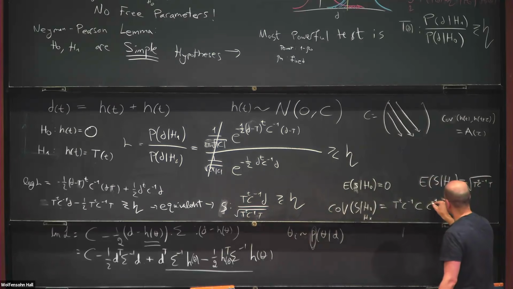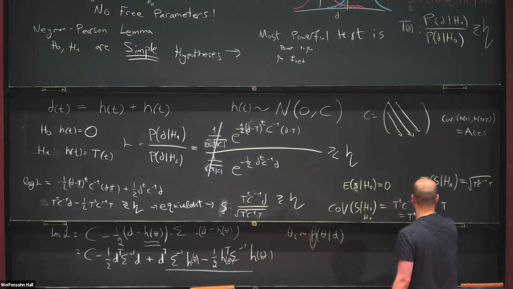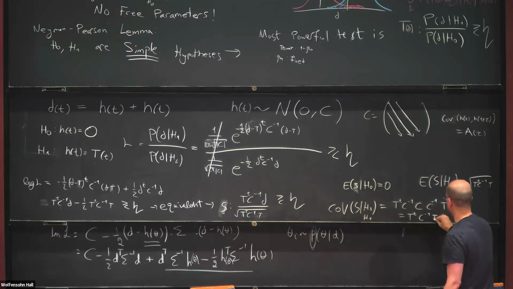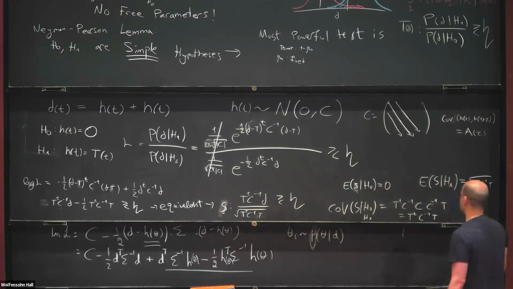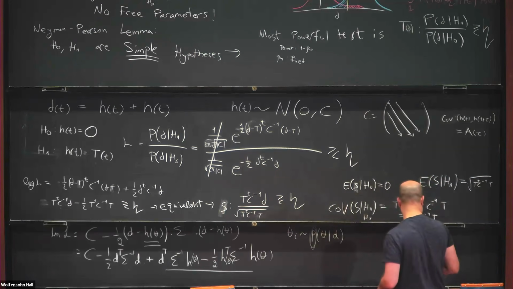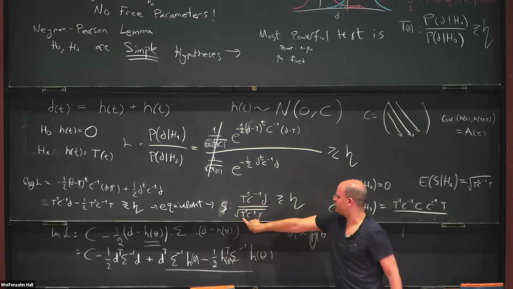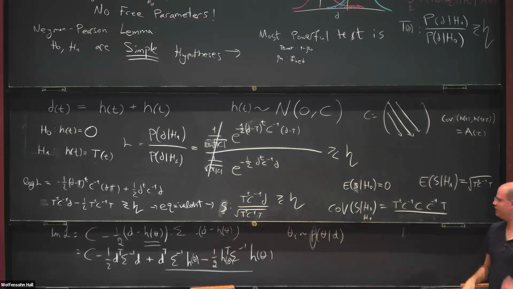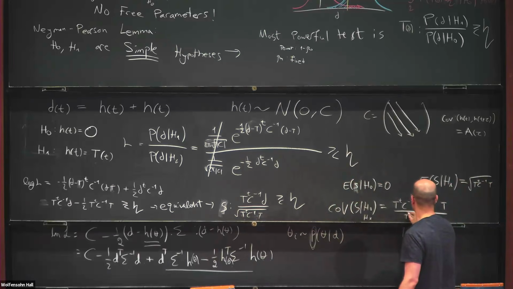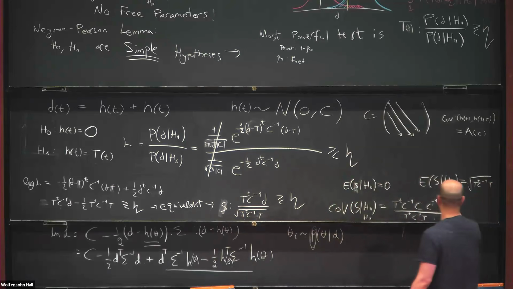Here there was a transpose, but C is symmetric because it's a covariance matrix. So that's T transpose C minus 1 T. And I have divided by the square root of this. So this is a constant, this is a scalar, right? And the law of variance is that if I divide by something, then the variance divides by the square, okay? So I divide by T transpose C minus 1 T. That's 1.